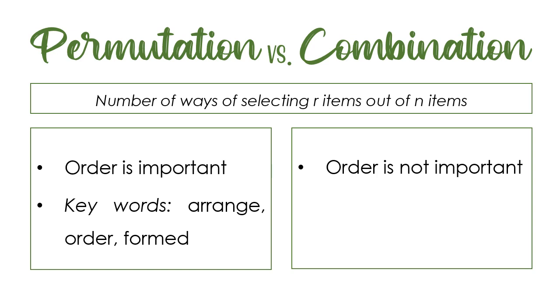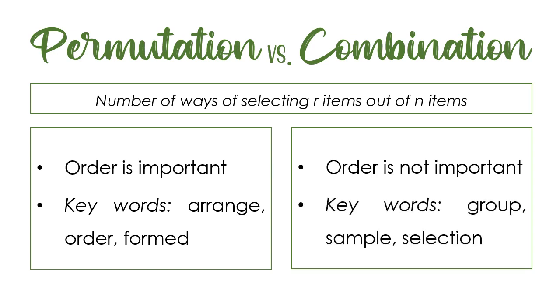The order does not matter. And the keywords when it comes to combination are group, sample, selection, and many other keywords. So those are the differences between permutation and combination.